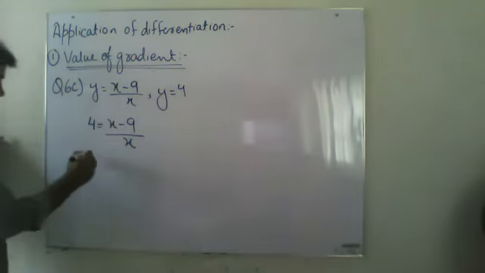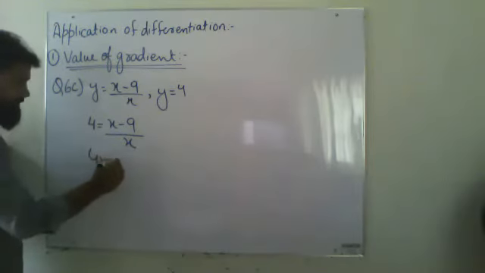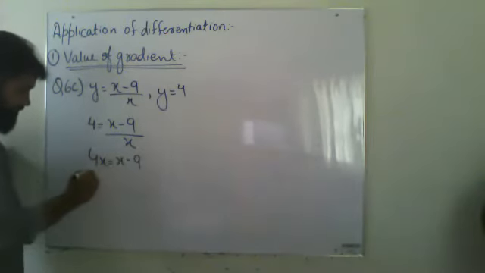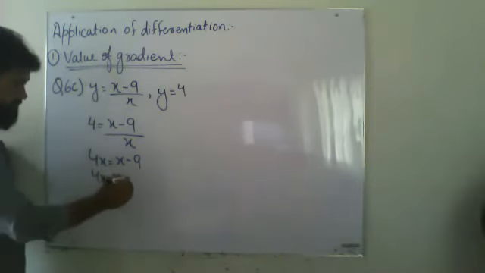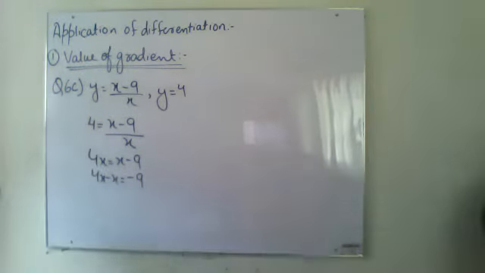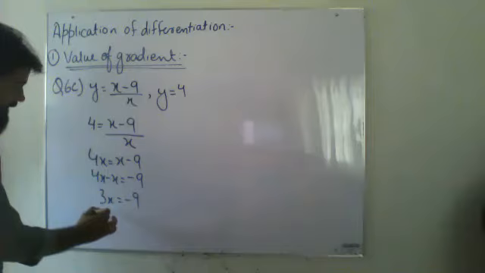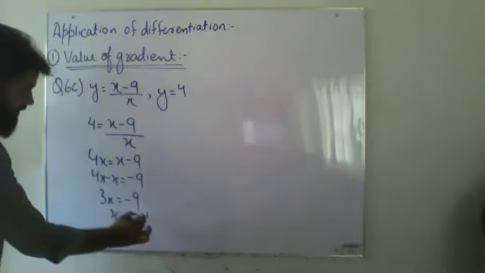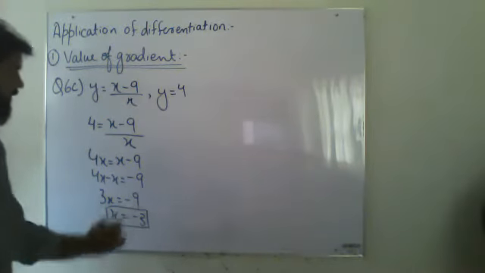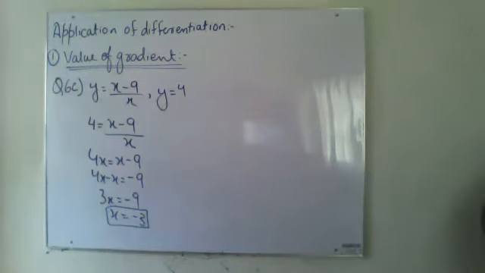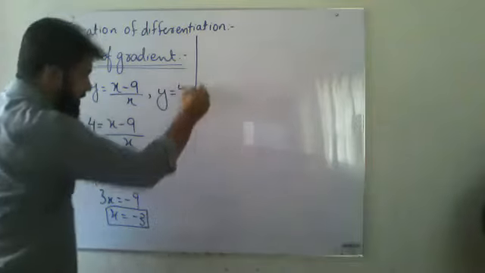So I have got 4 equals x minus 9 over x. After this, 4x equals x minus 9. 4x minus x equals minus 9, and 3x equals minus 9, which means x equals minus 3. I have got the value of x now. Once I have my value of x, I can start doing my differentiation.